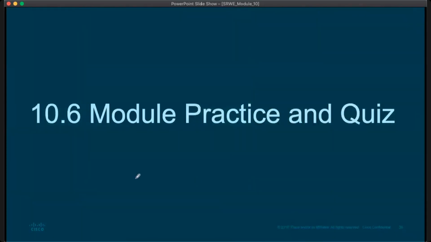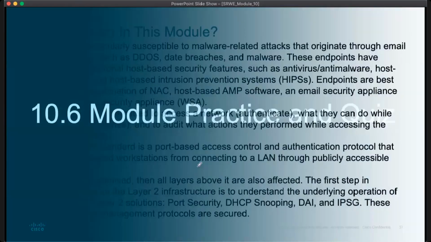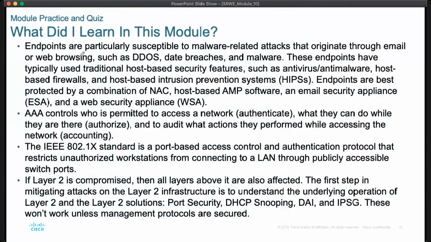All right. So, module 10, module practice and quiz. What did I learn in this module? In this module you have gone through how endpoints are particularly susceptible to malware-related attacks that originate through email or web browsing, such as DDoS, data breaches, and malware.